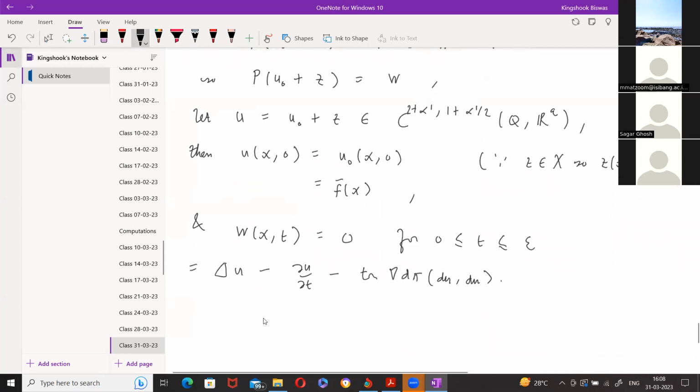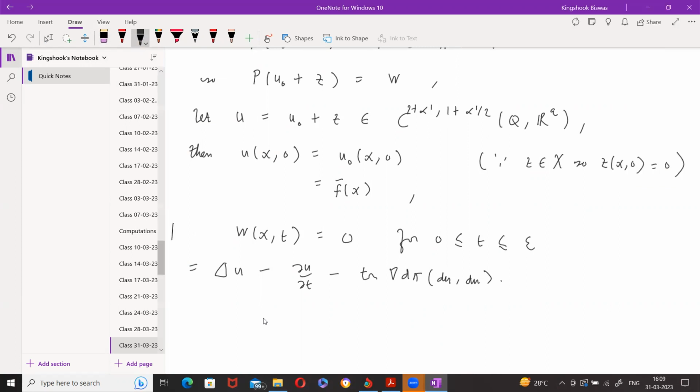So that means for time 0 to epsilon, I satisfied the PDE. That's all I wanted. That's it. Is this okay? So let me just write that: P of U is equal to W, which is 0 for T less than epsilon.